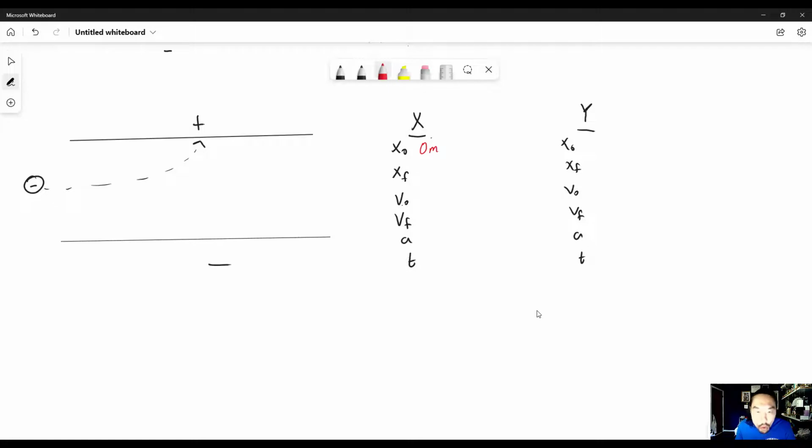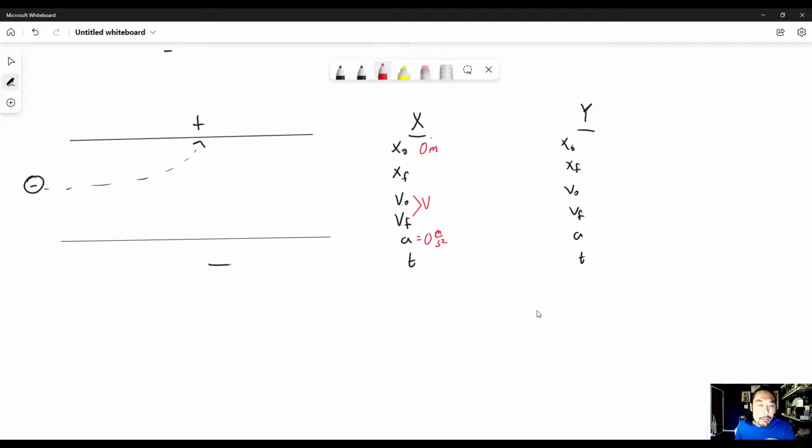That's usually always the case, because that's where we start off, and where we land, our range, will be our final position. Our final velocity is just our initial velocity. That doesn't change. Our horizontal velocity will not change because a lot of the times we do not have acceleration along the horizontal axis.